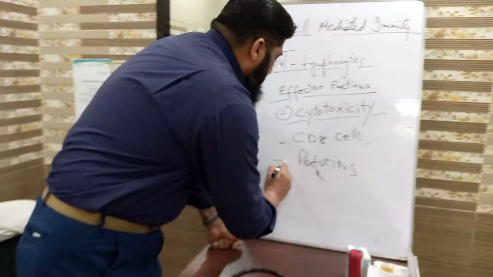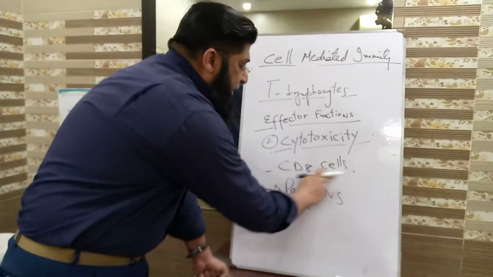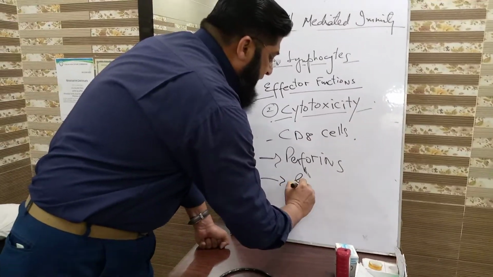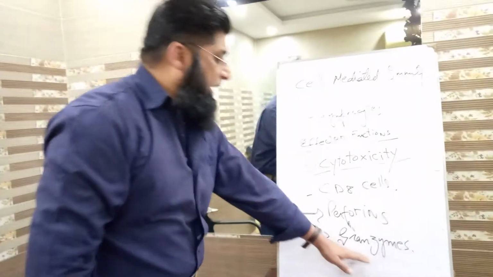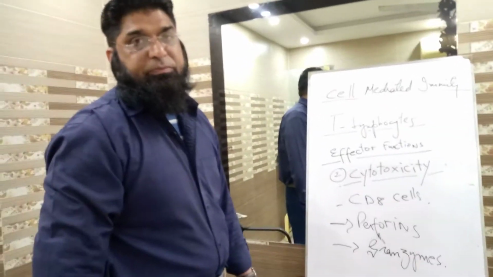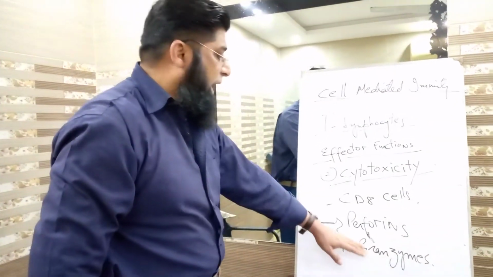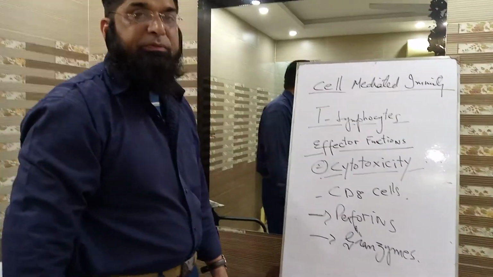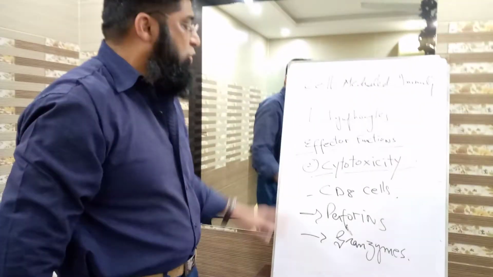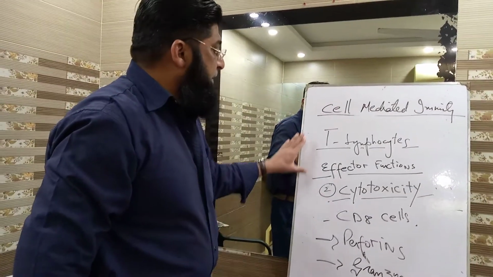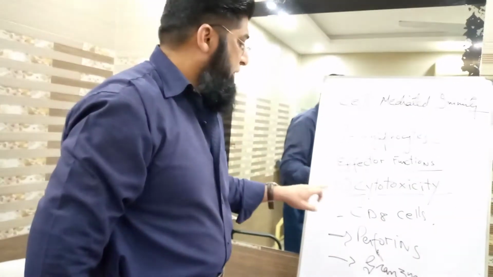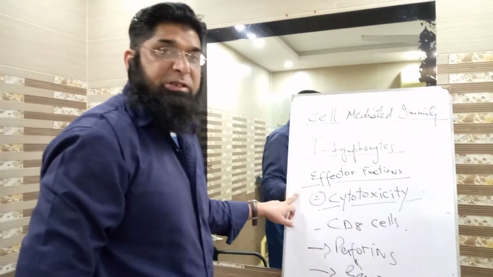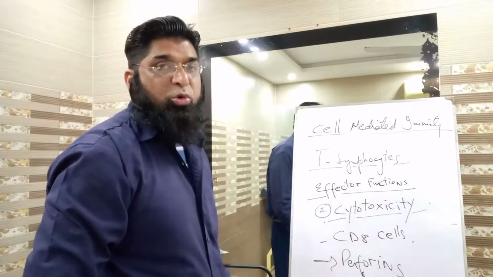The second component released by CD8 cells is granzymes. Students, granzymes are proteases, which again help in cytotoxicity. So we can say that the main effector functions of T lymphocytes are two. Number one, delayed type hypersensitivity, and number two, cytotoxicity.